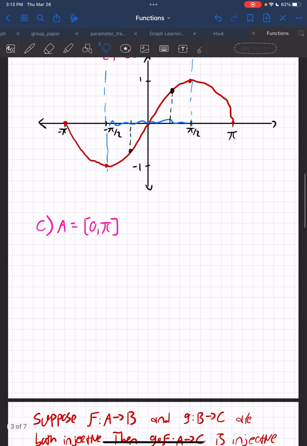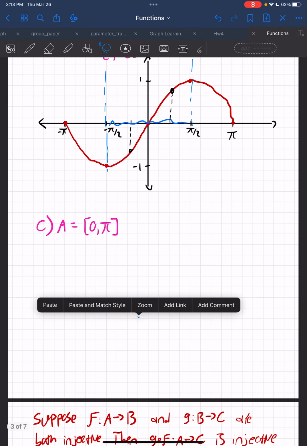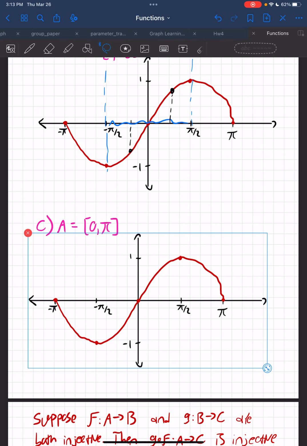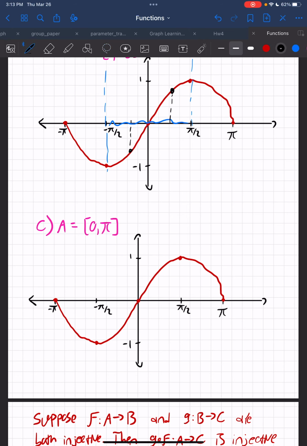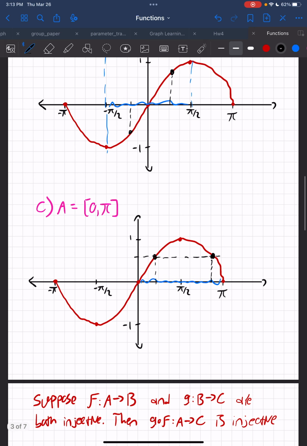Now, lastly, what about if we define the domain to be the numbers 0 through pi? Well, in this case, it's pretty easy to see that we can find different domain values that will map to the same output value, right? So let's call this x and y.